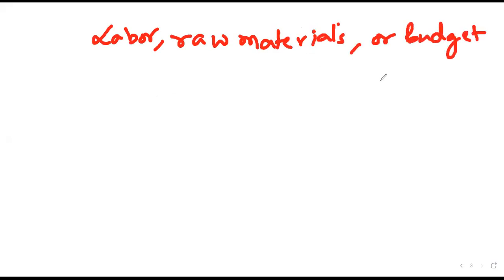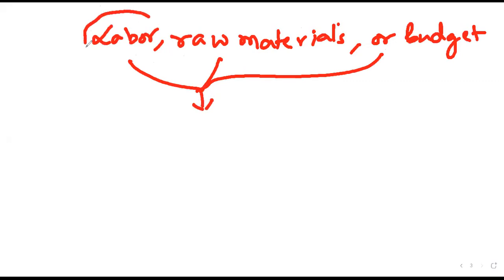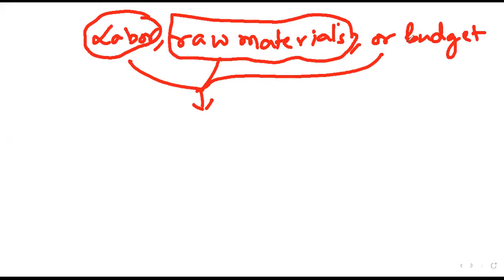So there are different types of parameters required. I hope you agree that the number of laborers cannot be abundant with an organization. Similarly, the raw materials required to manufacture the product may not be abundant, and the money available for manufacturing also may not be abundant with the organization, correct?